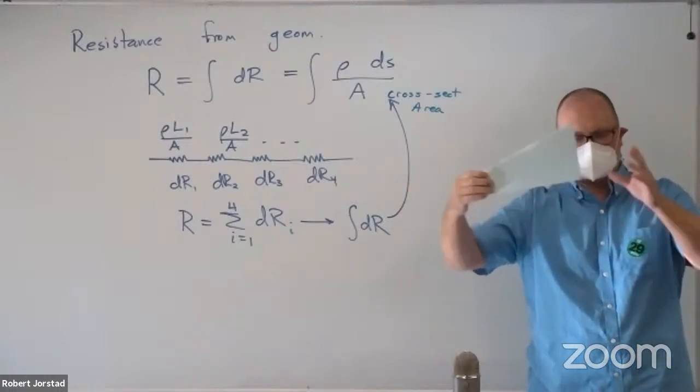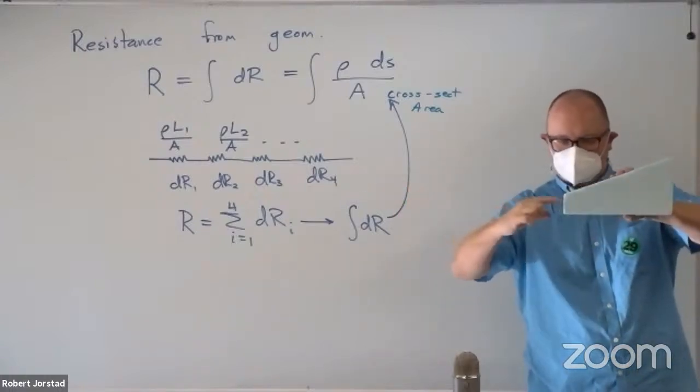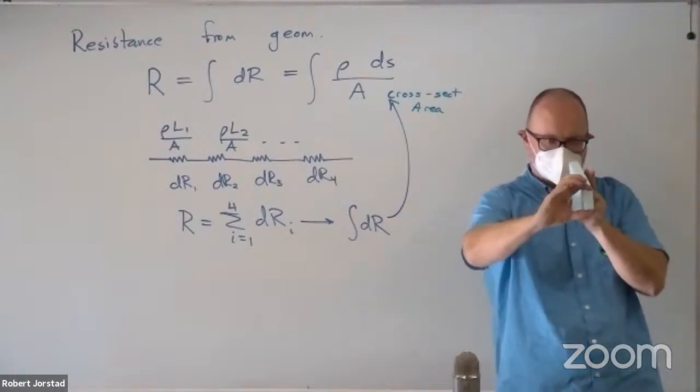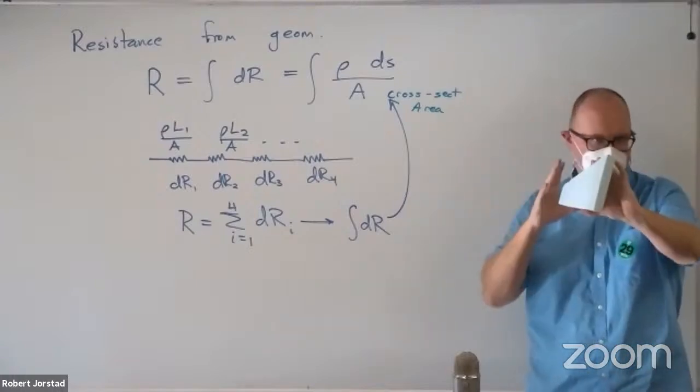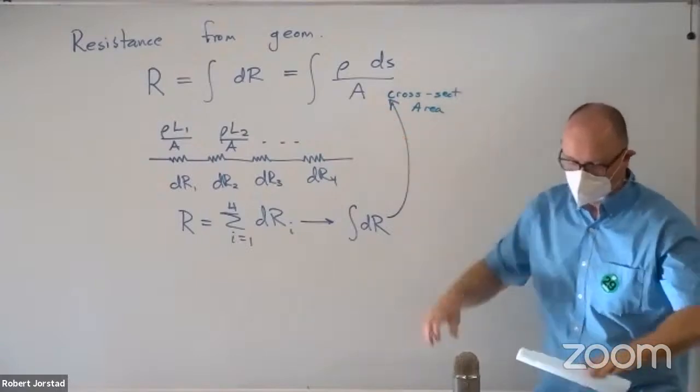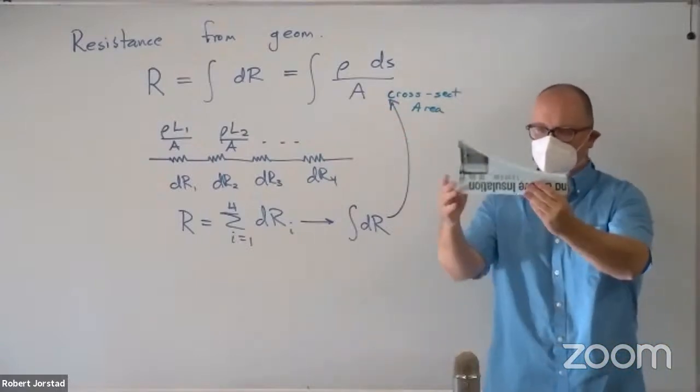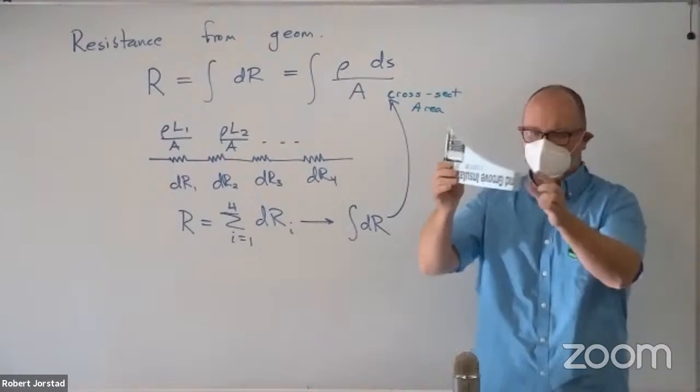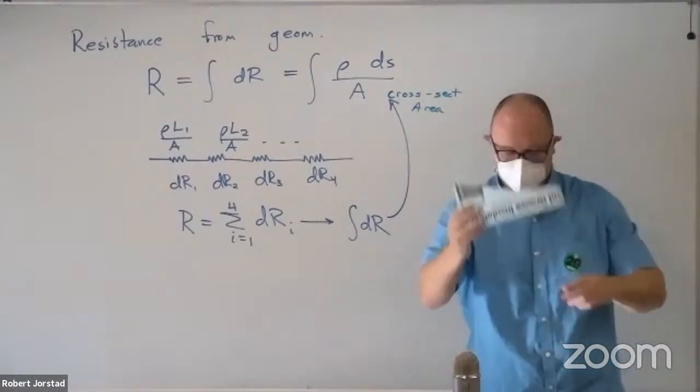You could imagine, this is exaggerated now, but maybe the input side has this small area right here, and the output side is here. We have an area that's changing. This would work. Same with this weird shape, right? You can have different cross-sectional areas depending where you're at.